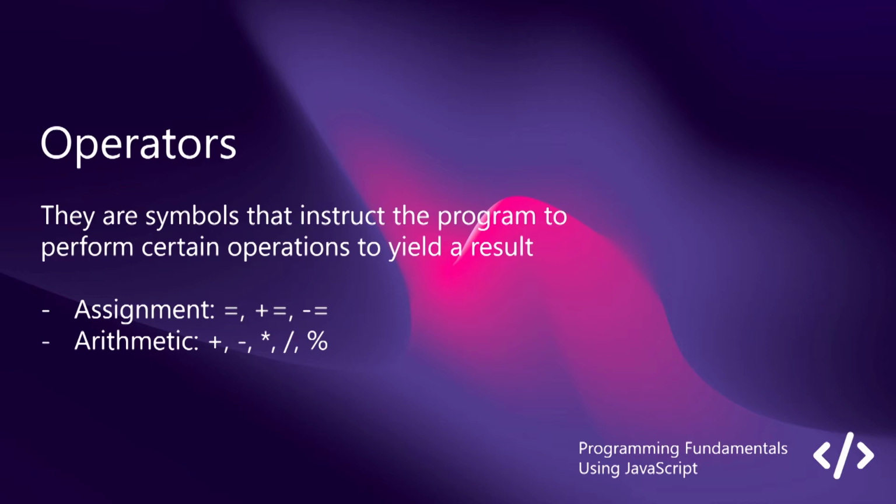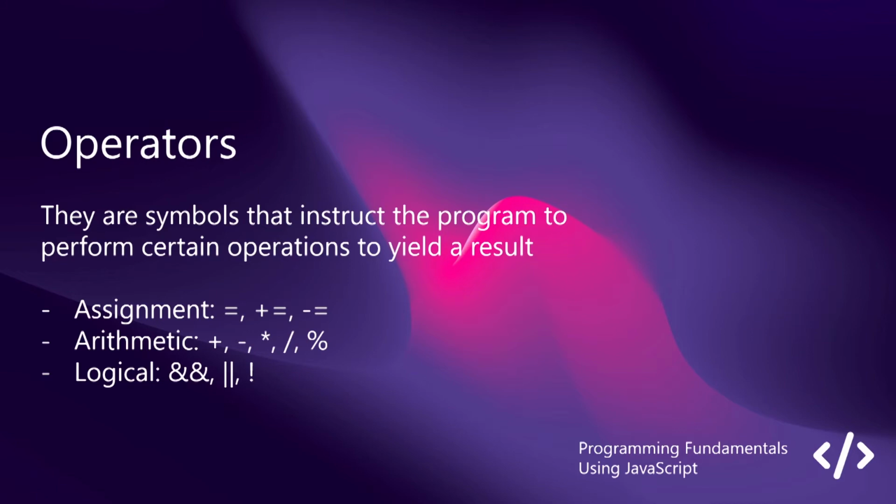The star is for multiplication, the slash is for division, and then we have the modulus operator, which is the percentage sign. As you might guess, addition just adds two numbers together. Subtraction subtracts two numbers, and the same thing for the others. But the percentage sign, which is modulus, doesn't find the percentage. Actually, it just looks for the remainder from a division.